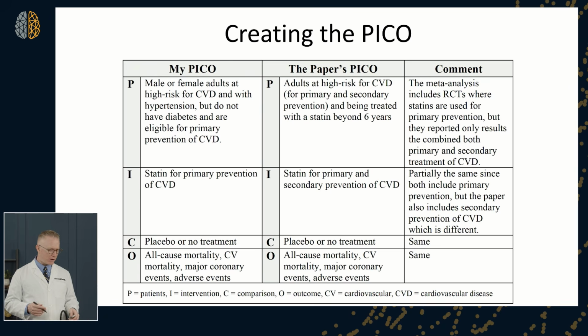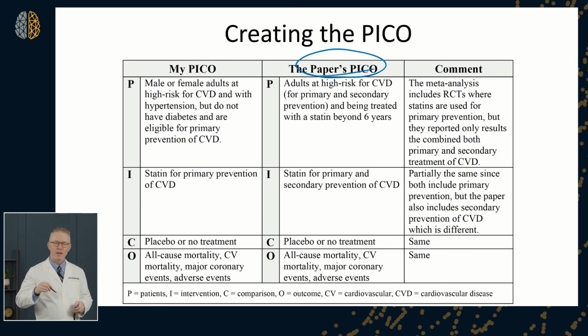So what I wanted to show you is that the elements of PICO don't just help you with a search, but when you find papers, you should be taking the paper's PICO. The paper has its own PICO, and so does that paper's PICO align to your PICO?